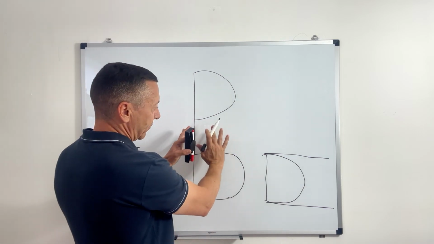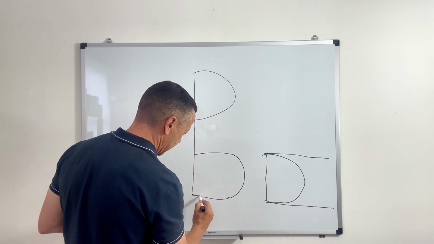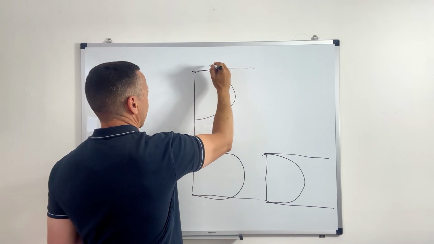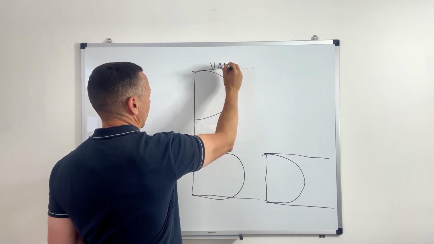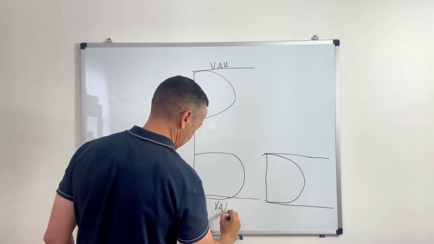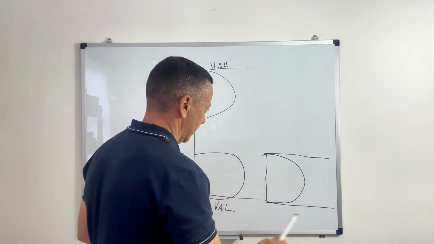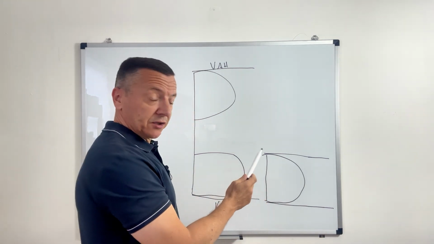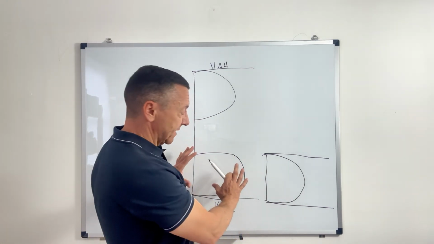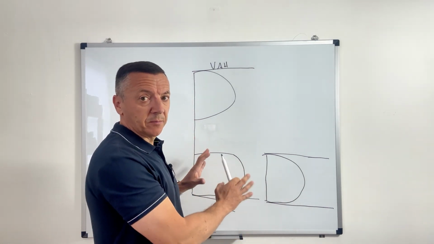And on this particular profile here, this is the value area low and this is the value area high, okay. For this example, I'm going to show you what happens when we open up in this particular area of the profile.